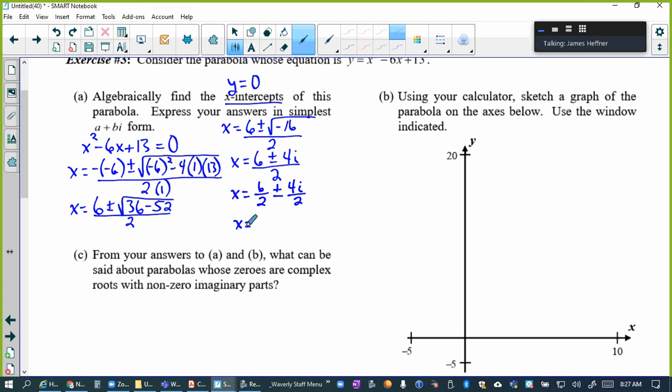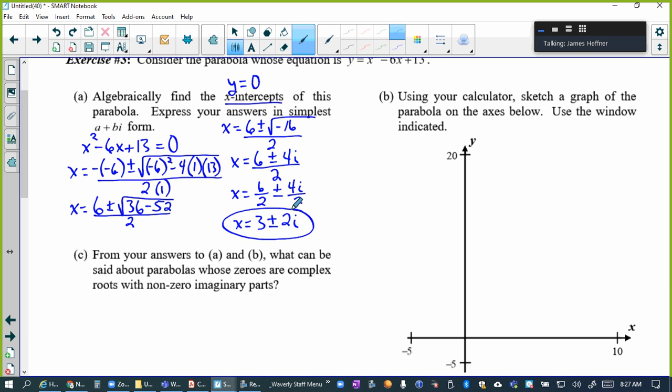And now let's reduce it. What do we get? 3 plus or minus 2i. Any questions on that solution? We found the x-intercepts, also known as the zeros, also known as the solutions.